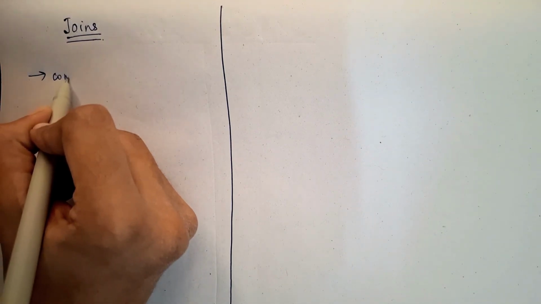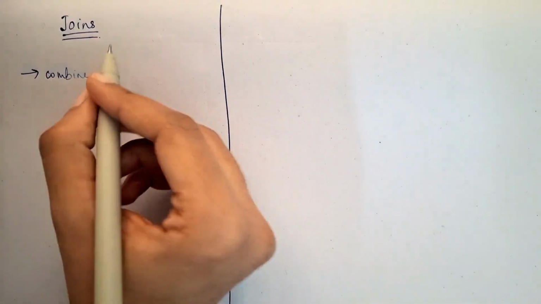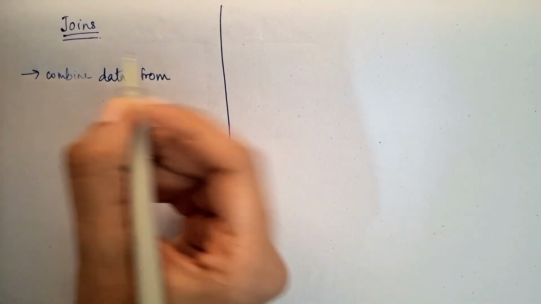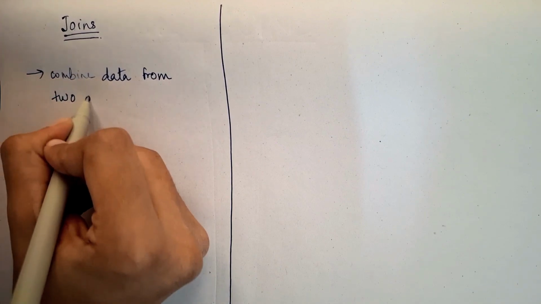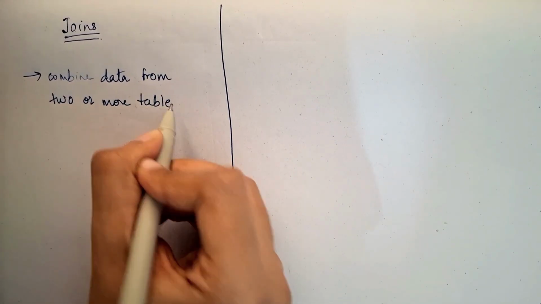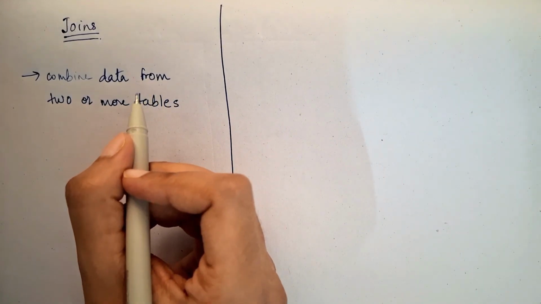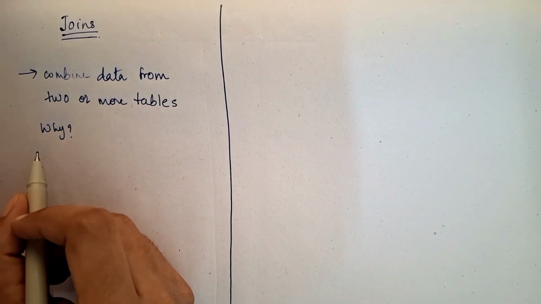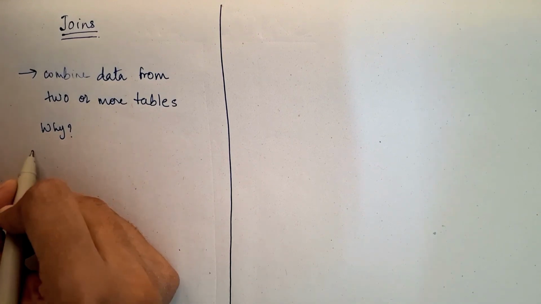And next, why do we use joins? Because data is stored in multiple tables.